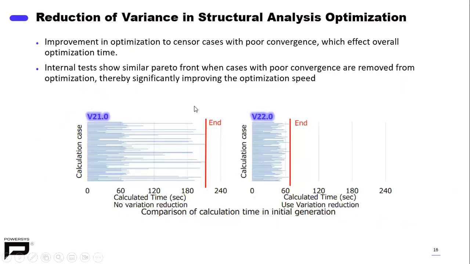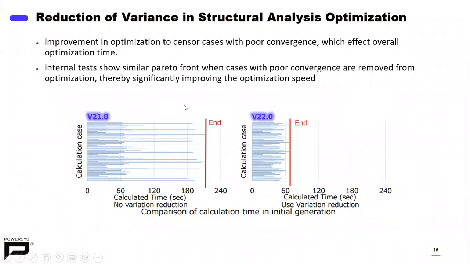Regarding optimization and functionality, in terms of structural analysis optimization, the reduction of variance is possible in version 22.0, in which cases with poor convergence are eradicated by the software itself, so that the simulation time gets reduced to a larger extent when compared with the previous versions.